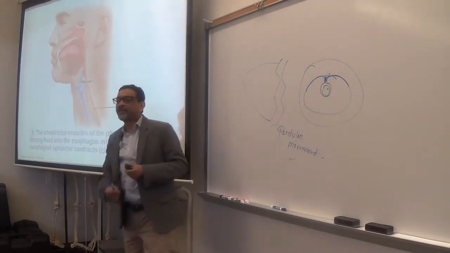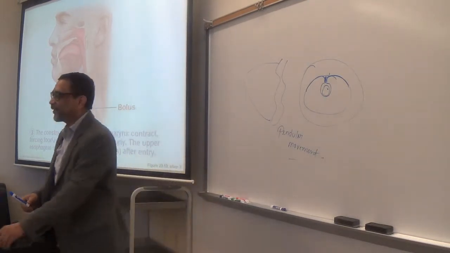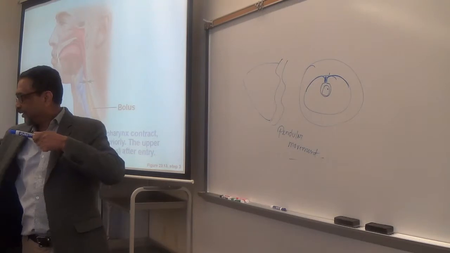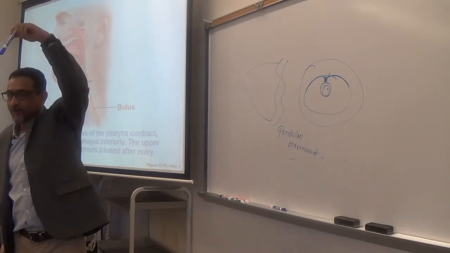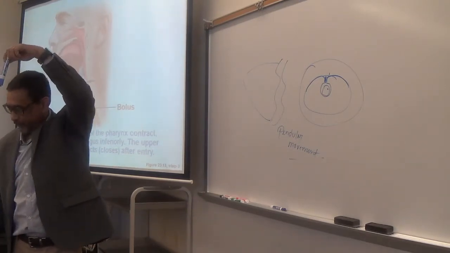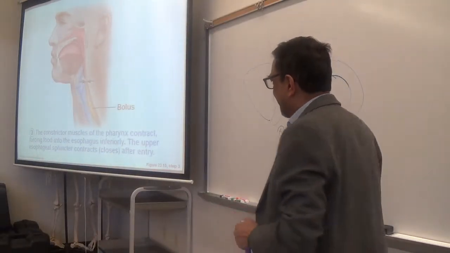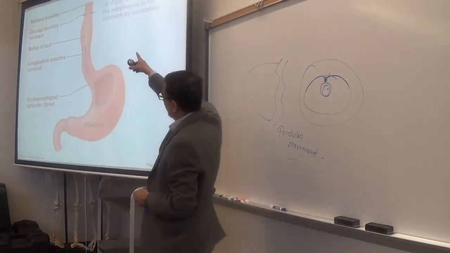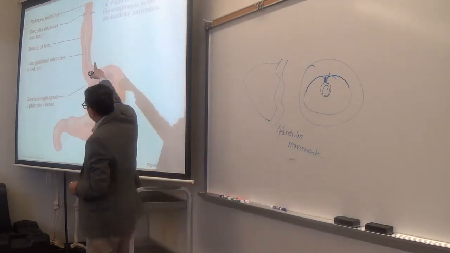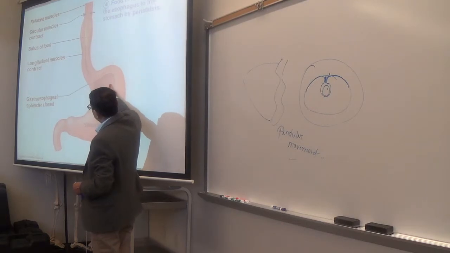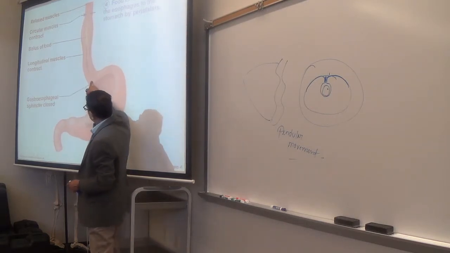Once the food bolus is inside the esophagus, then what will happen? Peristalsis, that movement, okay? And that will quickly move the food towards the stomach, pretty fast. So peristalsis starts, and you see peristalsis is moving the food quickly towards the stomach. Now, this opening here is called the cardiac orifice.